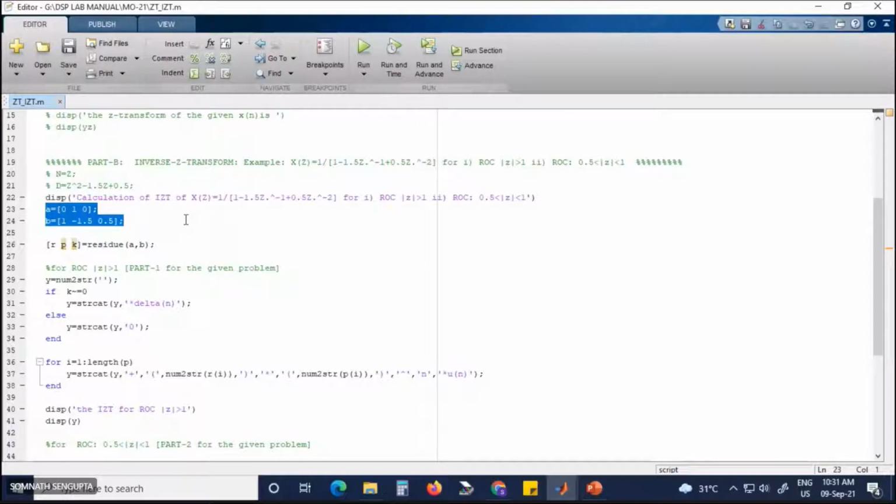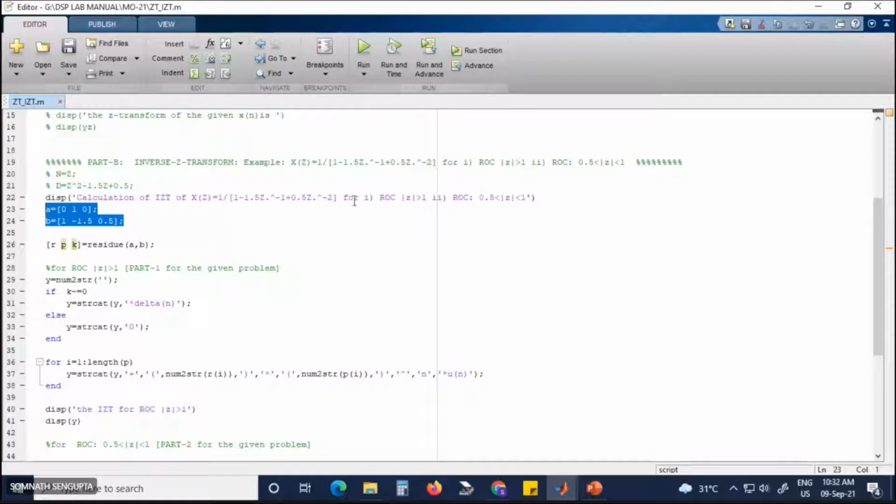Actually, in partial fraction, we express in the form of X(z) by z, isn't it? So if you multiply z squared in both numerator and denominator, in the numerator it will be z squared only, because in the numerator only 1 is there.